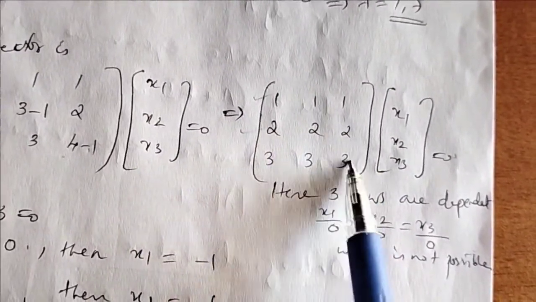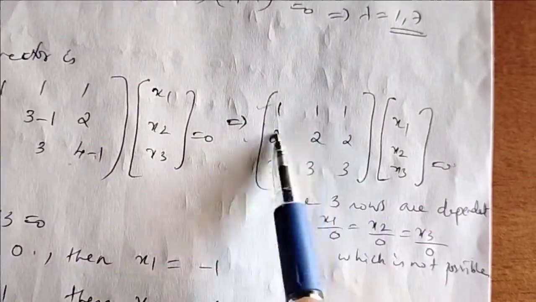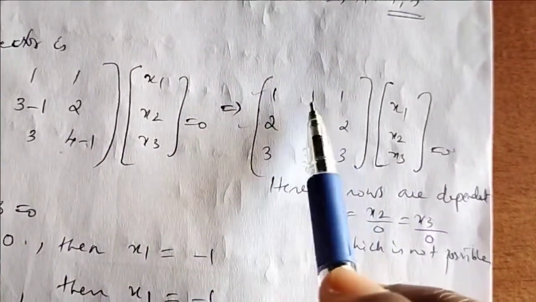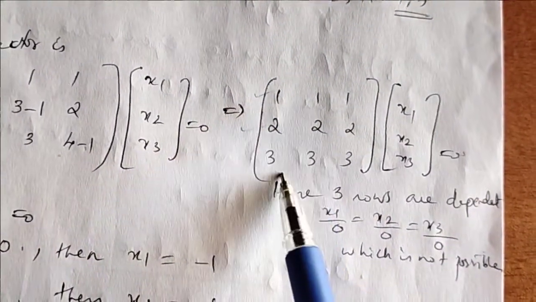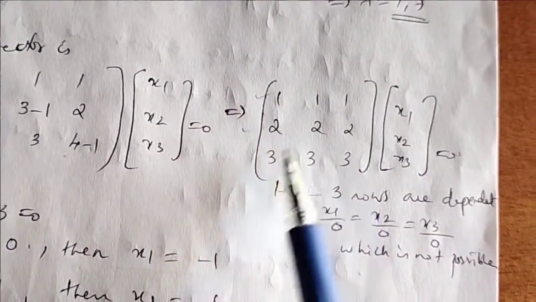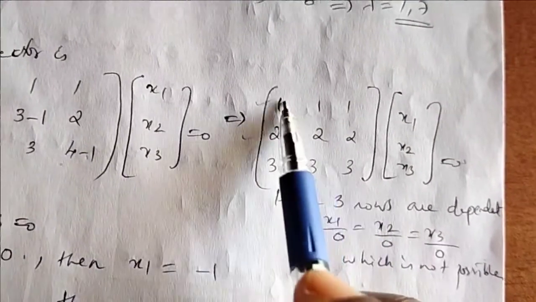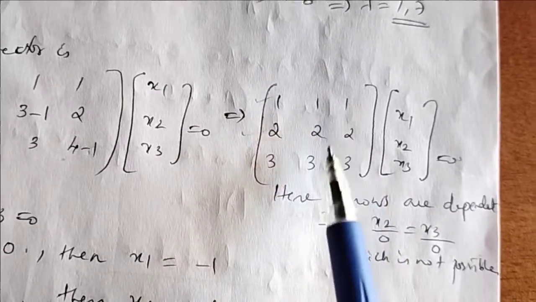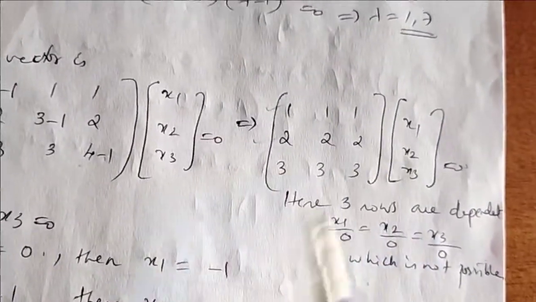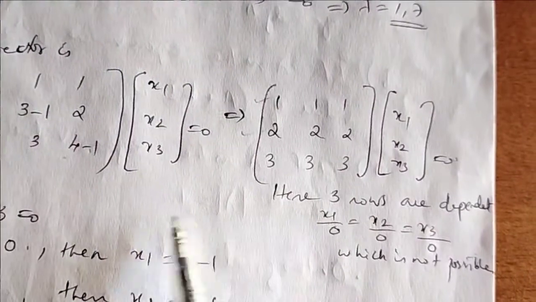The third row is also converted to 0, because the second and third rows are multiples of the first row. So R2 gives R2 minus 2R1, and R3 gives R3 minus 3R1. These operations make the second and third rows completely 0. The only non-zero row is the first row. So the rank is 1, and in this case, we can't apply the method discussed earlier.